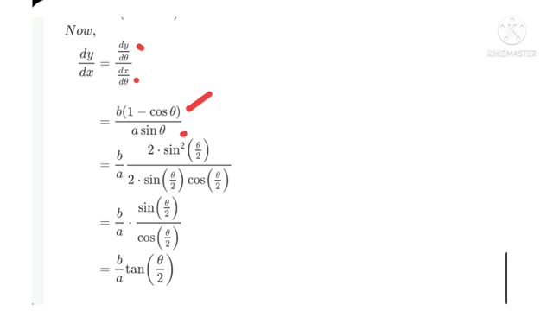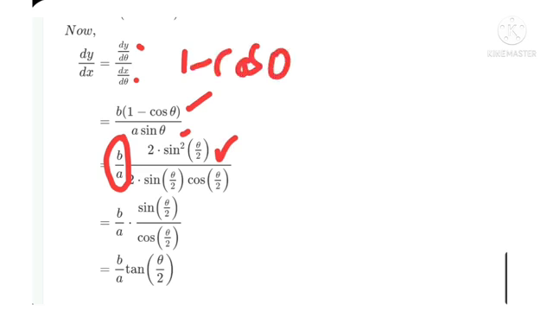Put the values. Now here observe b upon a is the constant term, right, as it is, and 1 minus cos theta is 2 sin square theta upon 2. You know the formula: 1 minus cos 2 theta is 2 sin square theta. So here 1 minus cos theta is there, 2 sin square theta upon 2. And here you use the formula sin of 2 theta is 2 sin theta cos theta.